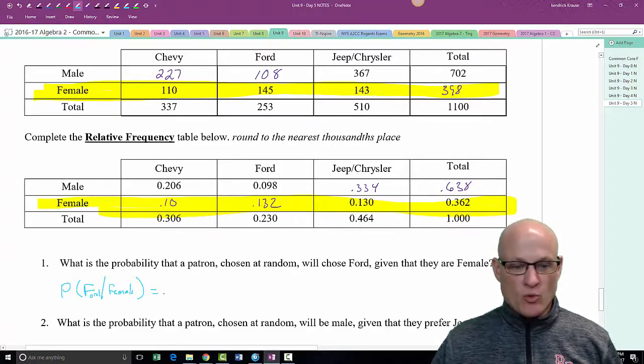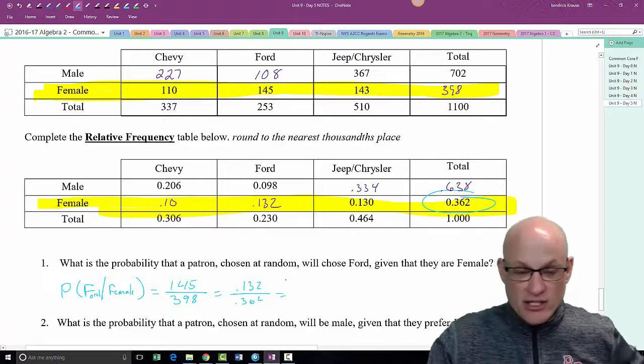I can do it one of two ways. Given that my new universe is 398, and given that I like Ford would be 145. If I use the other table, my new universe will be 0.362, and I like Ford is 0.132.